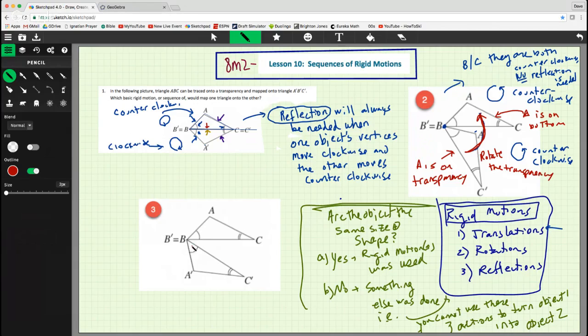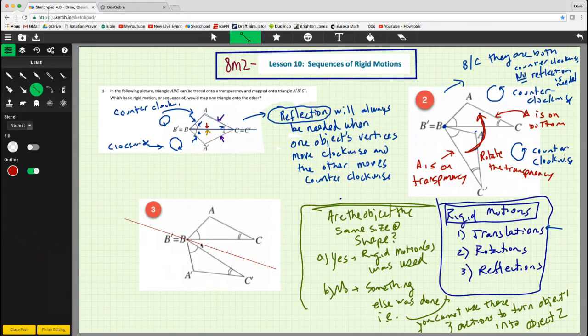Now, one thing I can actually do is find a cool line here, and I could just reflect. Watch what I do here. If I reflect across that line, I will have achieved the goal, which is kind of cool.